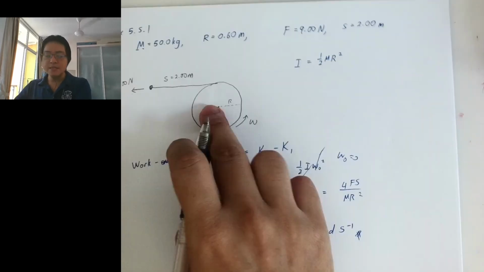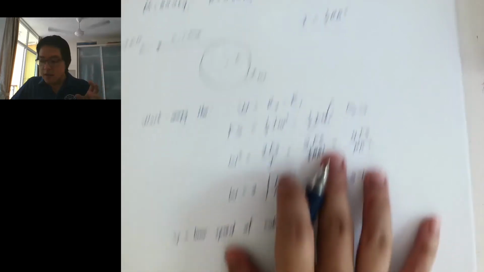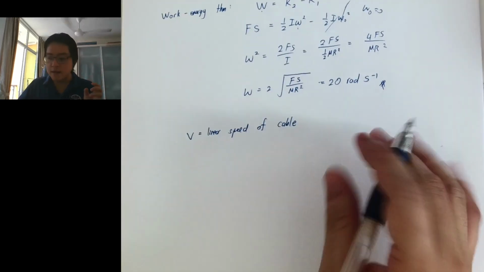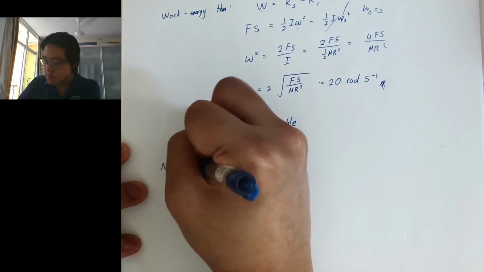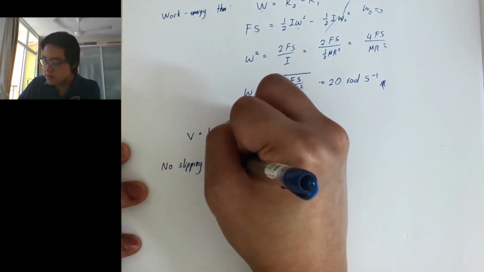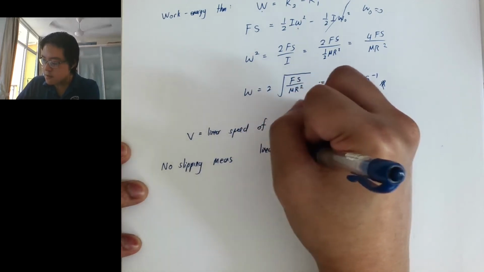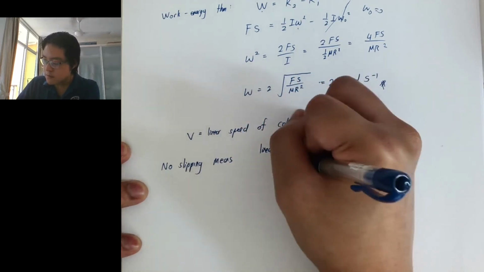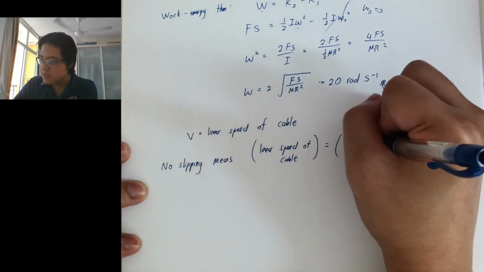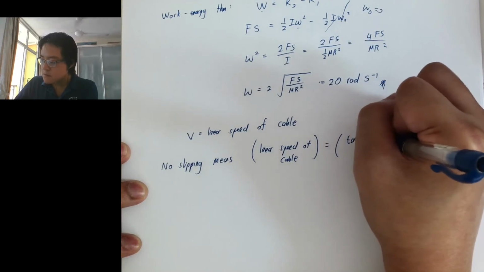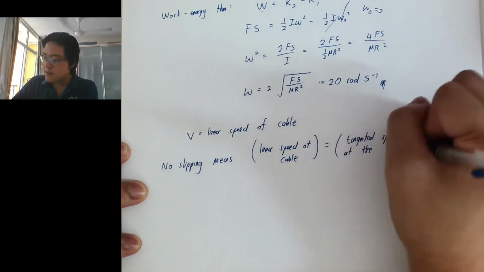No slipping means the cable doesn't slide over the surface of the cylinder, which is to say that the linear speed of the cable is just equal to the tangential speed at the edge of the cylinder.